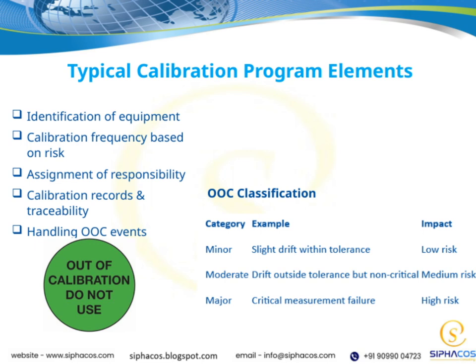Keeping thorough calibration records and maintaining traceability are vital for audit purposes and continuous improvement. Lastly, handling OOC events promptly and effectively helps to prevent quality issues or regulatory noncompliance. All of these elements work together to ensure our calibration program is robust, reliable, and aligned with overall quality objectives.